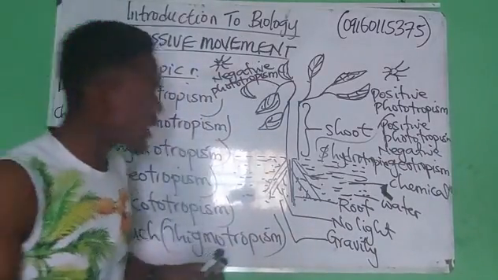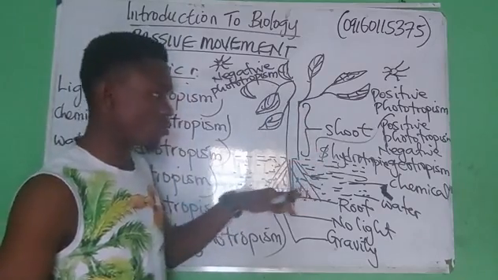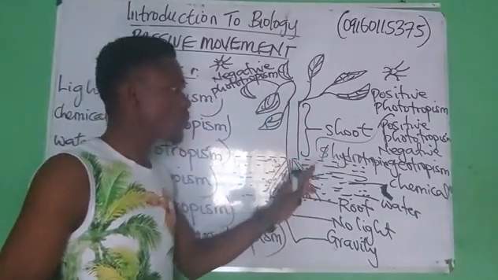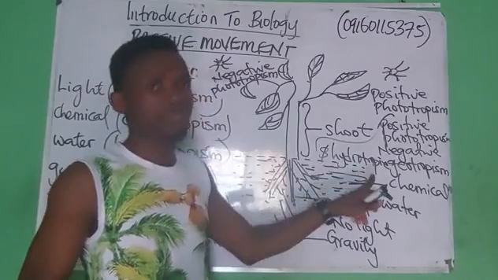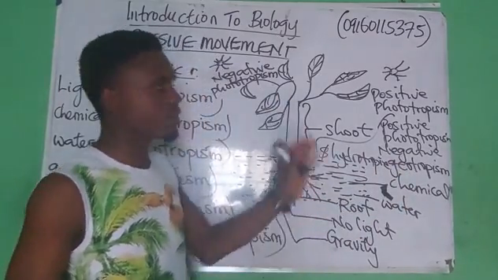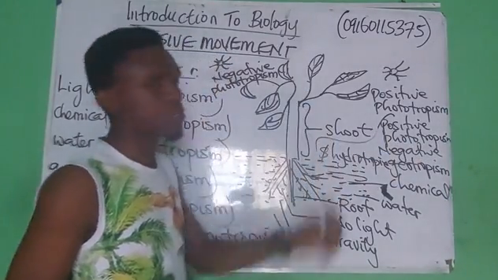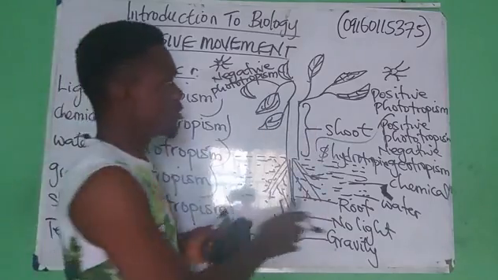The shoot of plants is growing upwards, away from the region where we have water. So it becomes what? Negative hydrotropism. And negative geotropism is growing against gravity, but it is positive phototropic because it is growing towards sunlight. So that is this region.